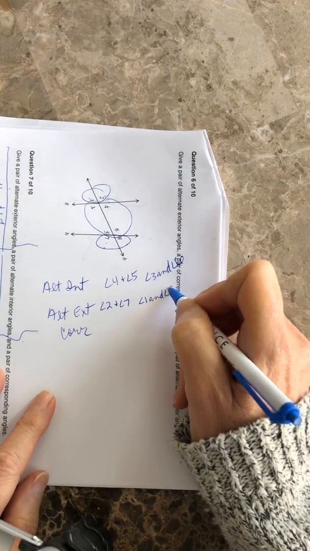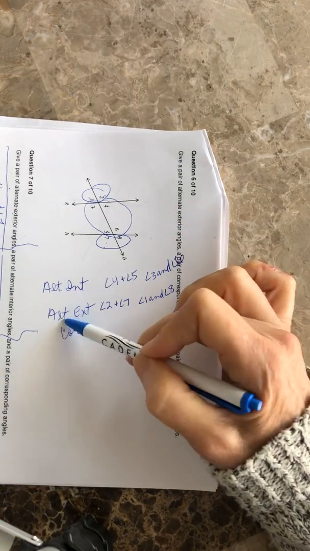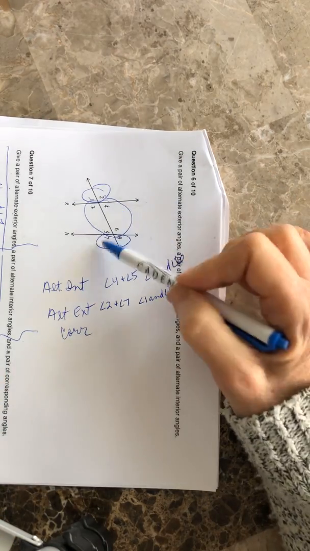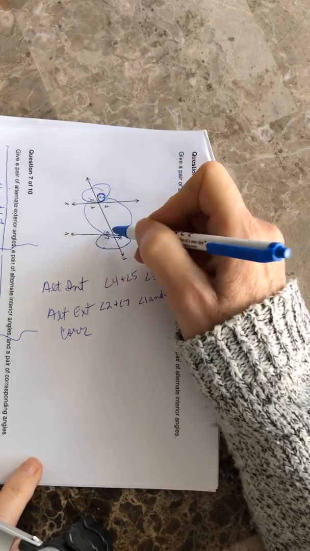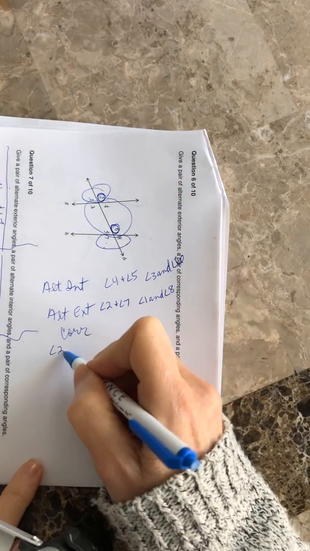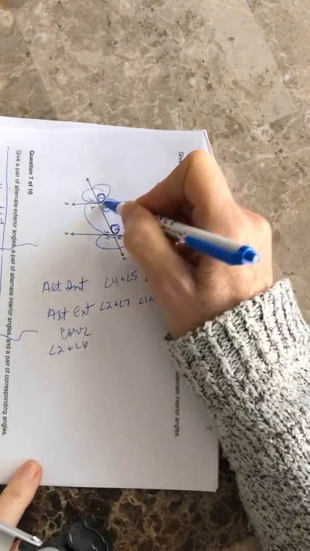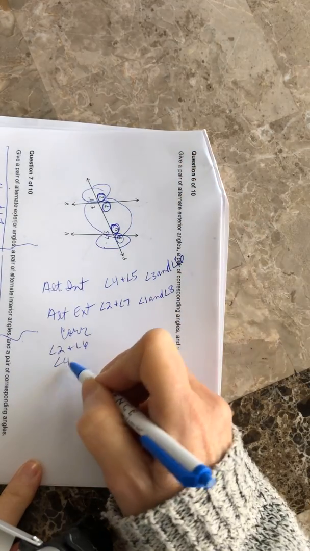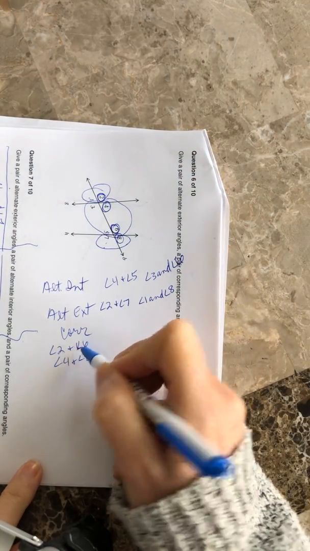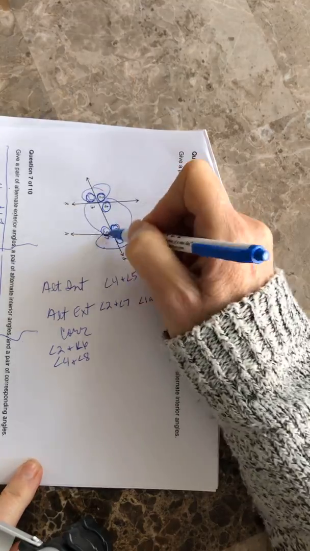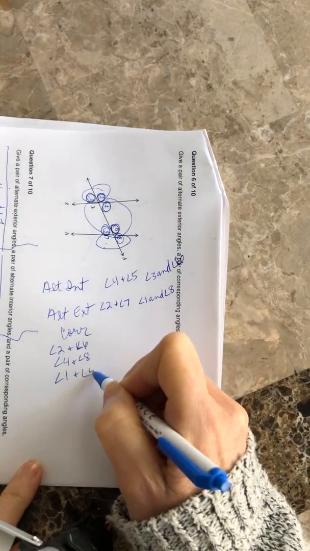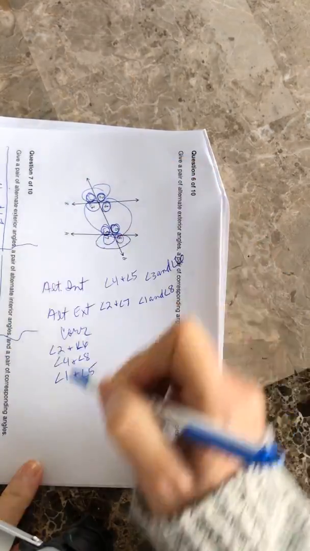You only have to label one for each type. Then corresponding, 2, 6, 4, 8, 1, 5, and 3, 7.